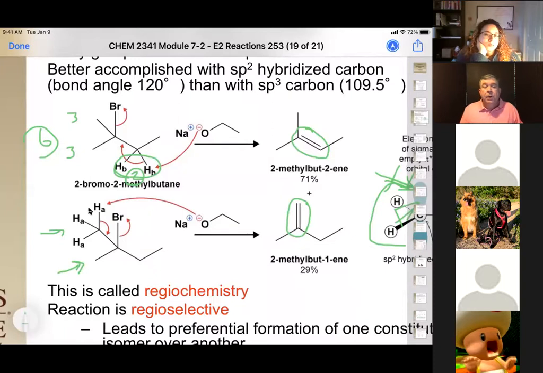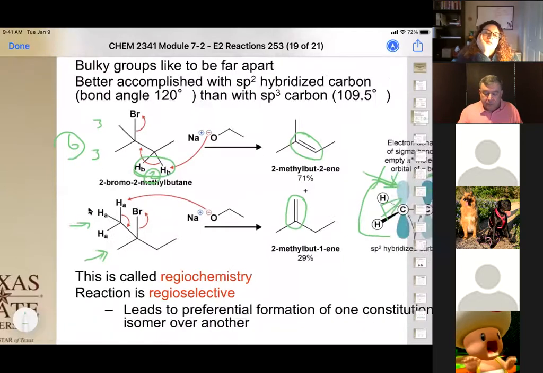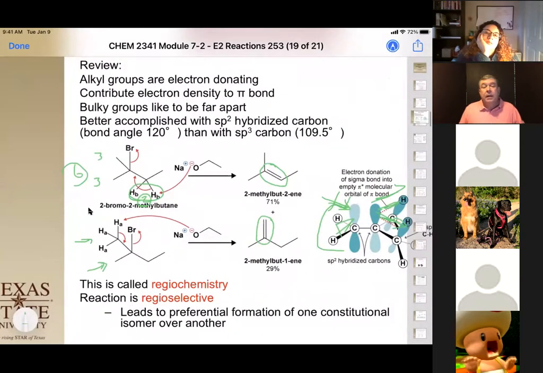Okay. So because it's selective about where it removes the hydrogen, we call this regioselective because it'll put the double bond in a specific way as the major product, okay? So if you have a reaction that particularly lends itself to a particular type of product, we call that regioselective because it's going to preferentially pull off these secondary hydrogens instead of any other hydrogen.